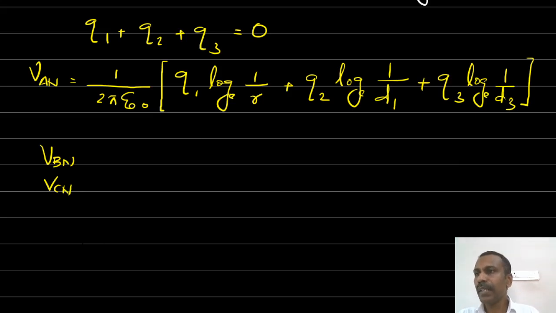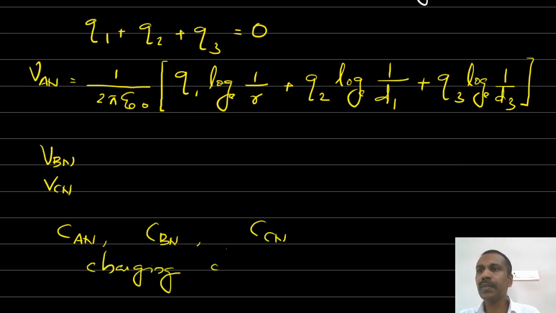Now if you calculate the capacitance, you get three capacitances: CAN, CBN and CCN. These three capacitances will be different. So the charging currents in the three phases will also be different.